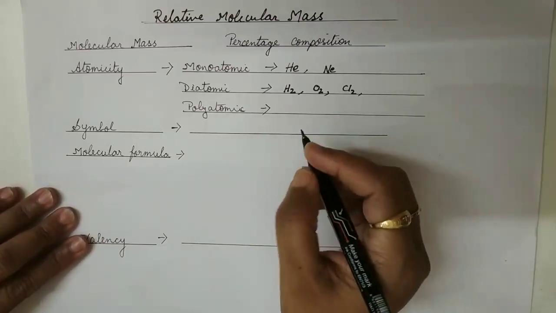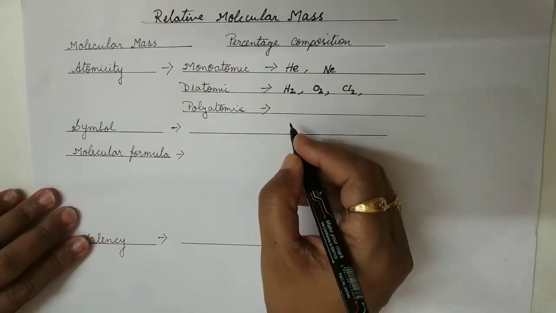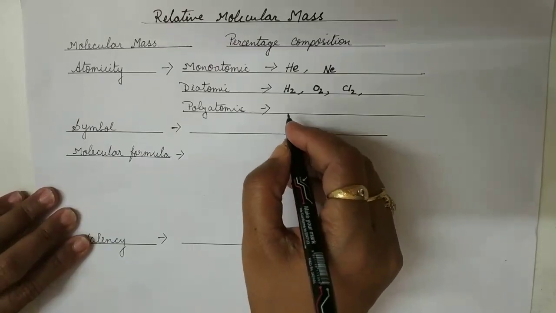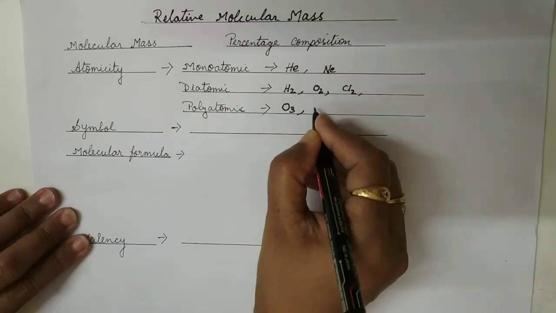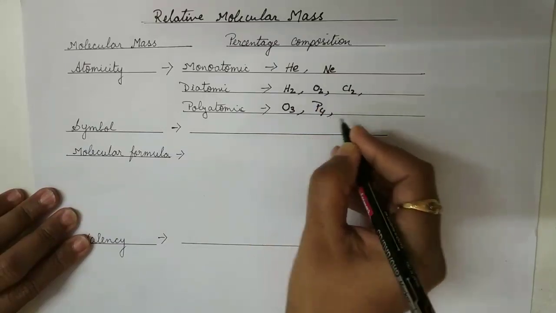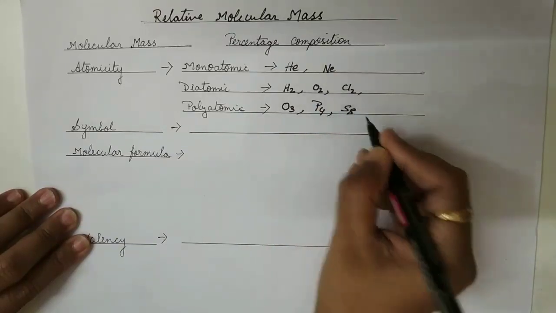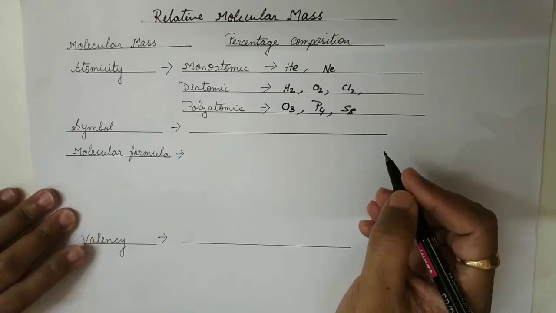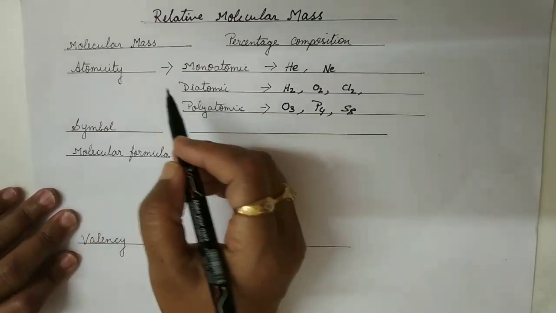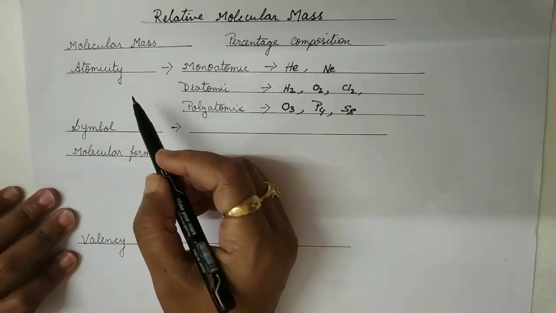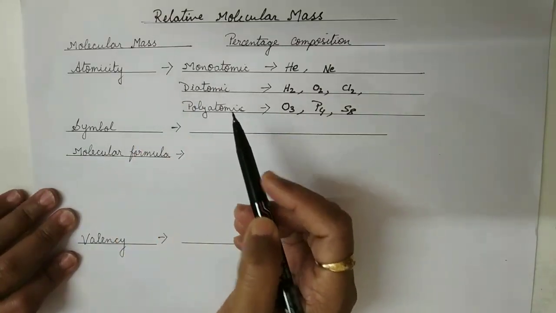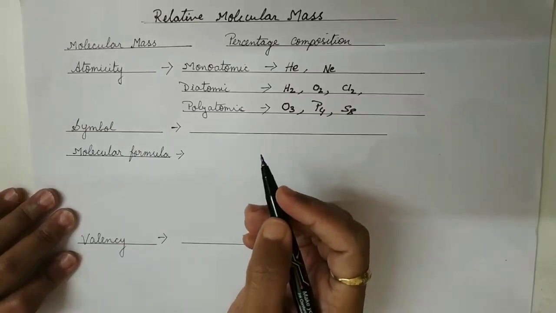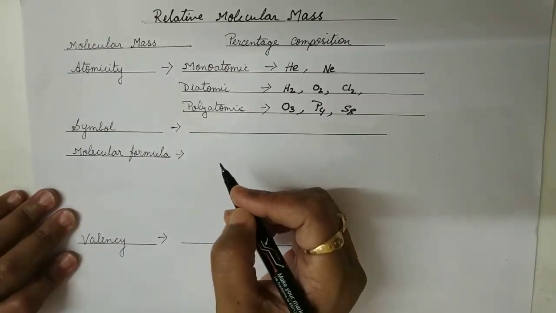More than two are polyatomic, where some examples which we have done last year are ozone, P4, S8 and so on. So here to begin with, please learn the definitions from your textbook, whichever you are following in school.